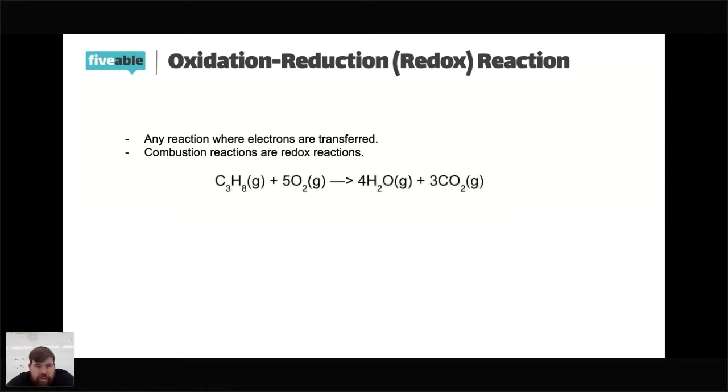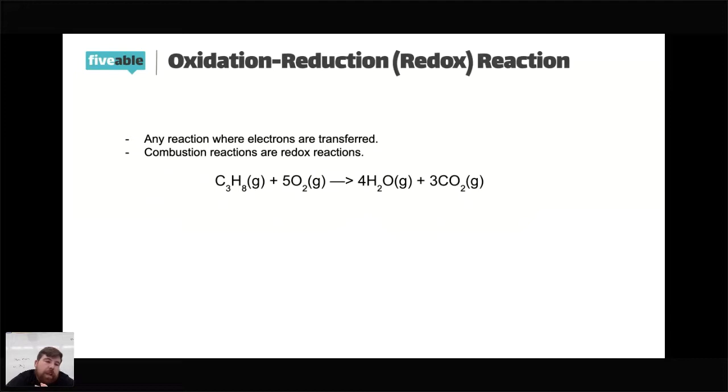So here is an example of one of my favorite combustion reactions. This is propane, which is what fuels our barbecues, and I love a good barbecue. So C3H8, which is a hydrocarbon, it contains carbons and hydrogens, reacts with oxygen gas to produce water, H2O, and CO2.